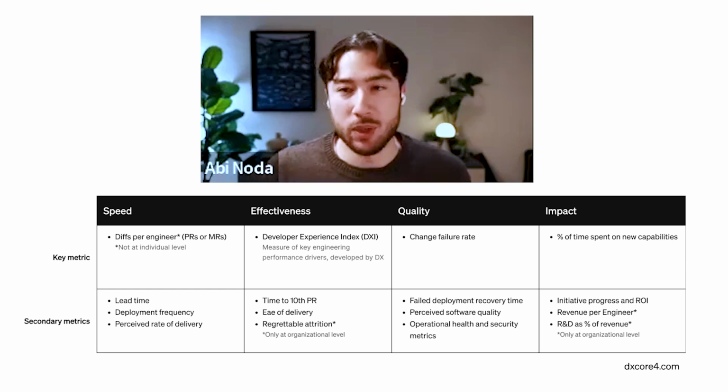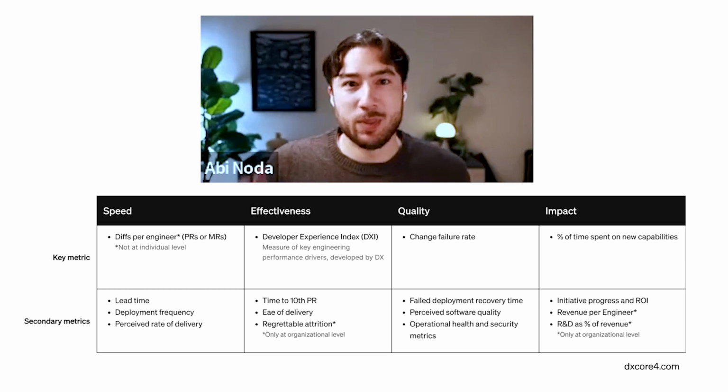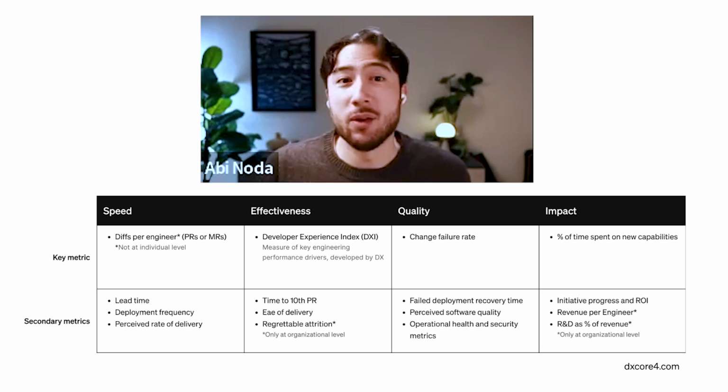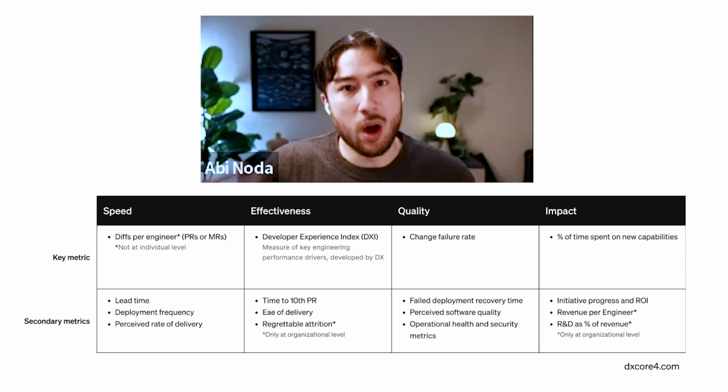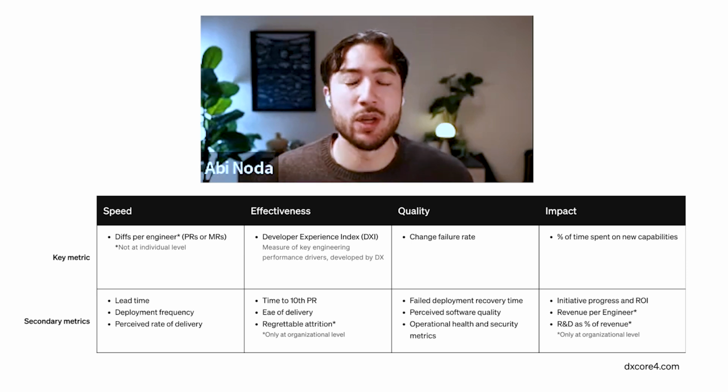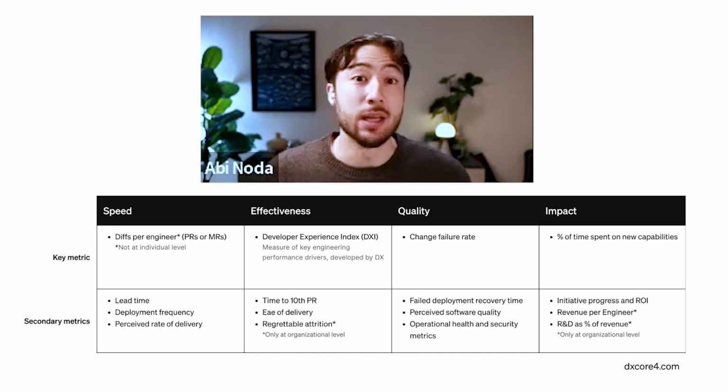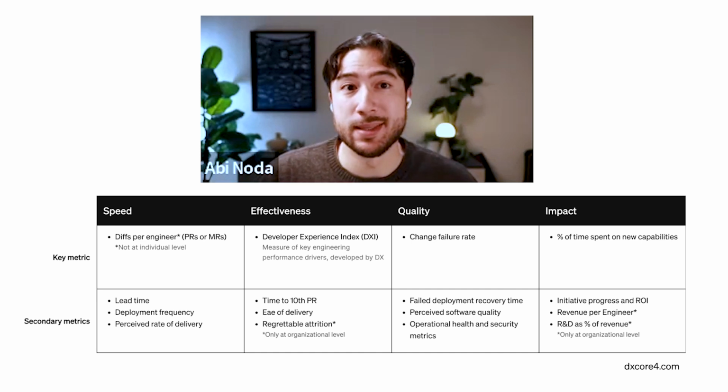And in the white paper, we talk about 3 specific guidelines for how to roll out a metric like diffs per engineer, and how to talk about it in a way that doesn't lead to some of the counterproductive outcomes we see.